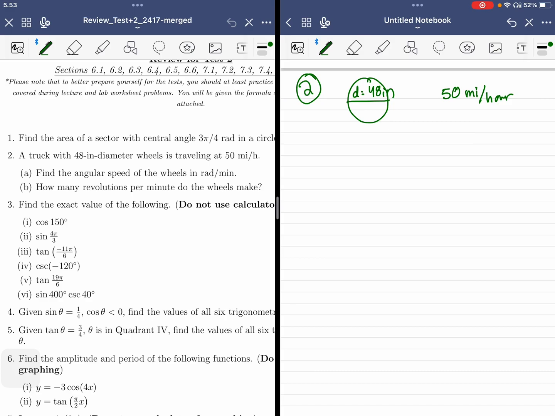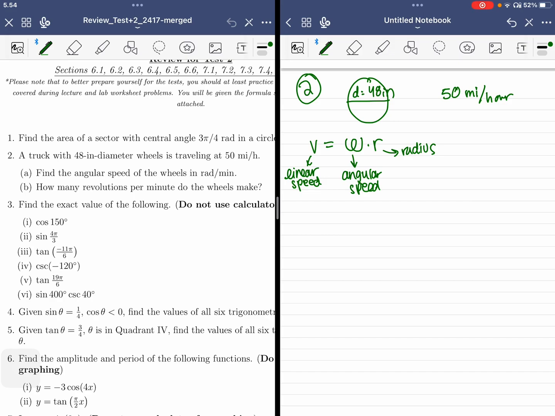What you need is this formula here. V equals omega times radius. V is our linear speed, our velocity, and then omega is your angular speed, and radius is your radius of the circle. Okay.